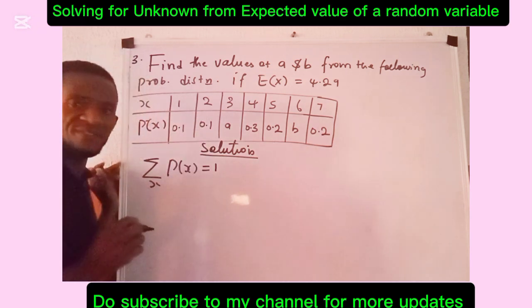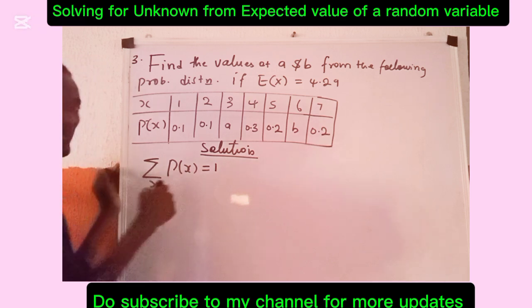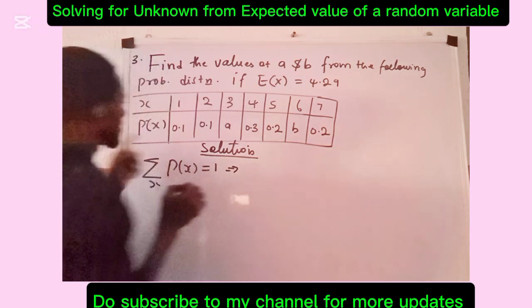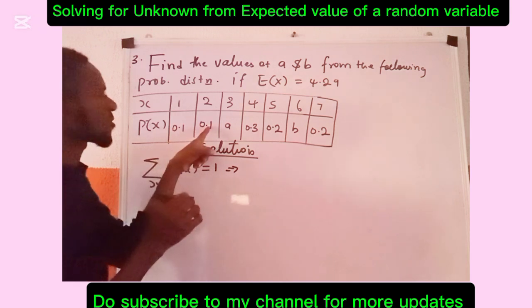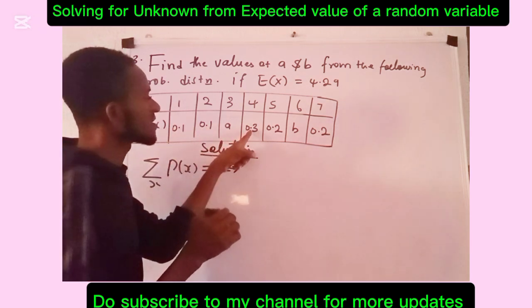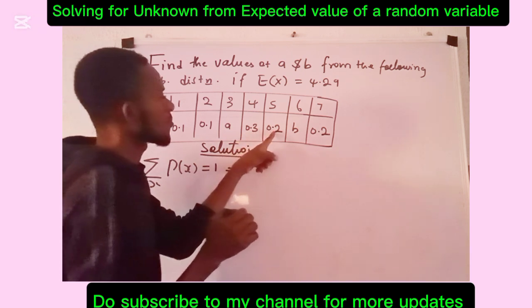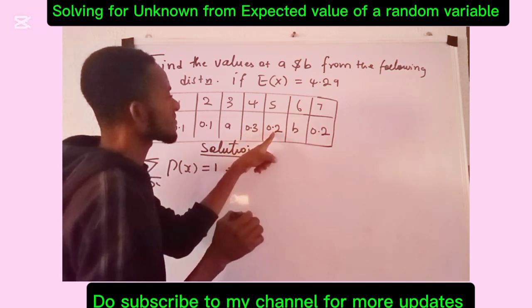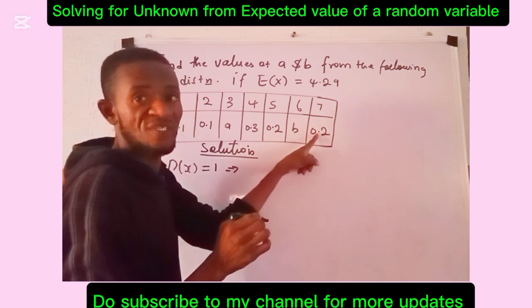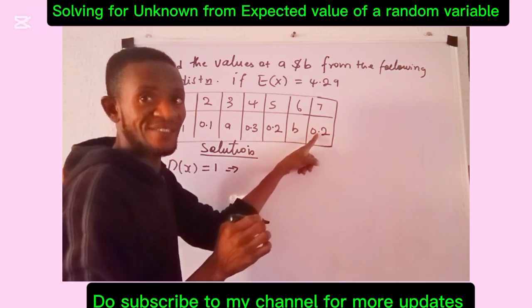I will say this. And if you agree with me, which of course we had earlier met, this implies 0.1 plus 0.1 is 0.2, plus 0.3 is 0.5, plus 0.2 is 0.7, plus 0.2 will now give me 0.9.